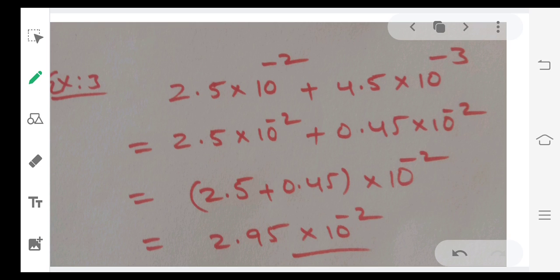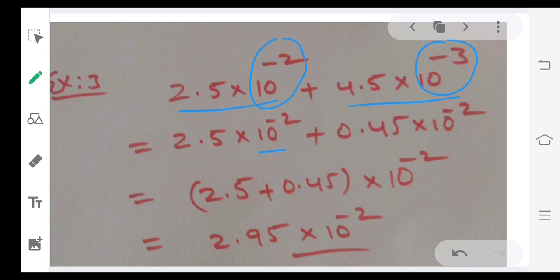Next example, this time I have taken negative powers. 2.5 into 10 power minus 2 and 4.5 into 10 power minus 3. Here 10 power minus 2, 10 power minus 3. What is the condition? You have to make the exponential form the same while adding or subtracting. So now this is 10 power minus 2, I kept that exponent the same, but I have changed this one.